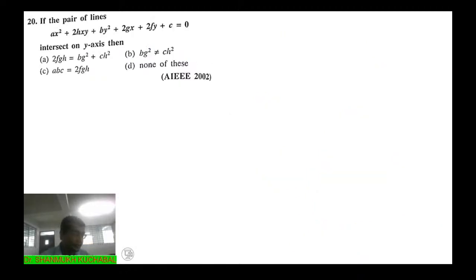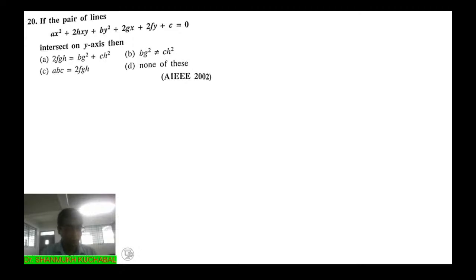We'll move to the next example. If the pair of lines ax square plus 2hxy plus by square plus 2gx plus 2fy plus c equal to 0 intersect on the y-axis, it is a standard result that we have discussed in our notes.